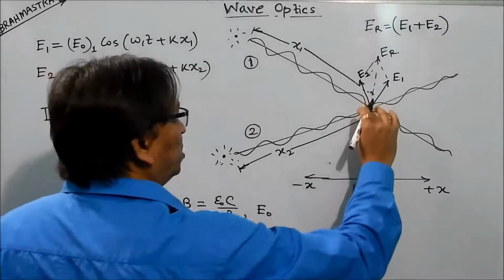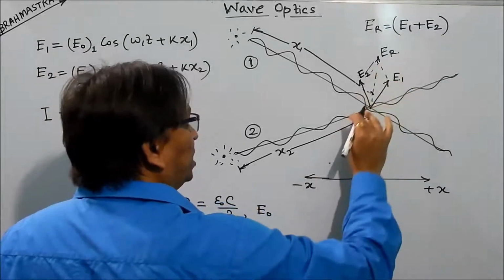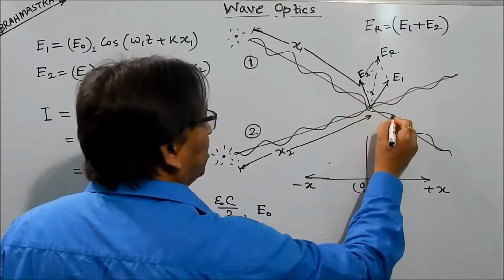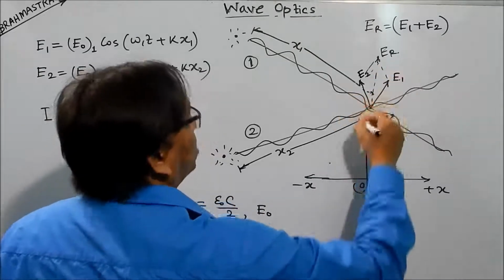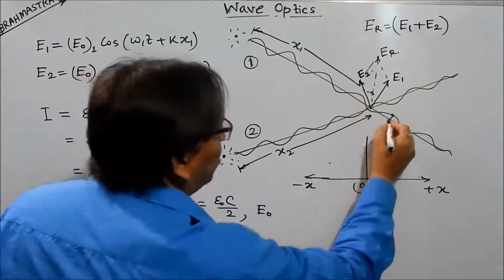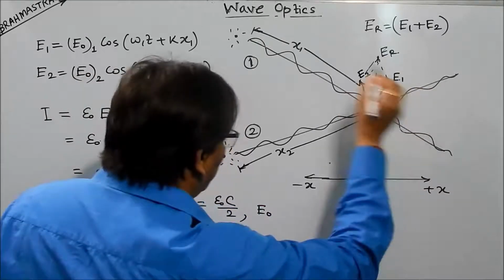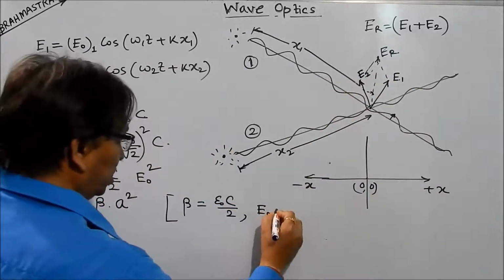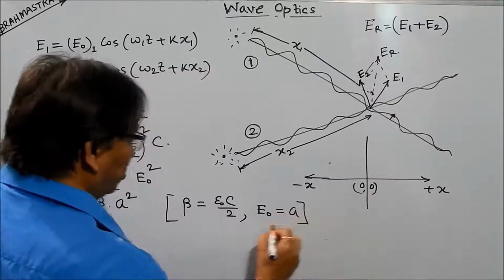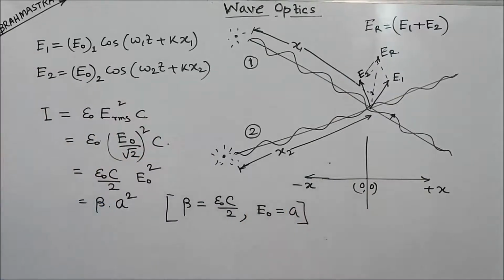E is actually varying but it has a peak value, like this. I have drawn it a little bit larger, but this peak value is E naught, and I am writing it as A. So in terms of this, this is the intensity.